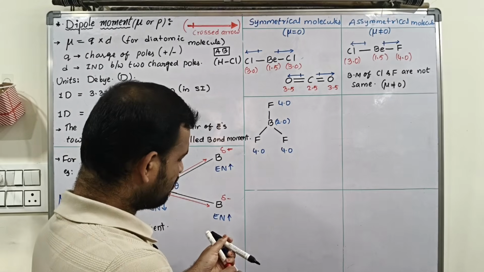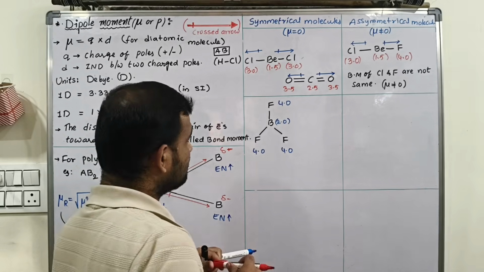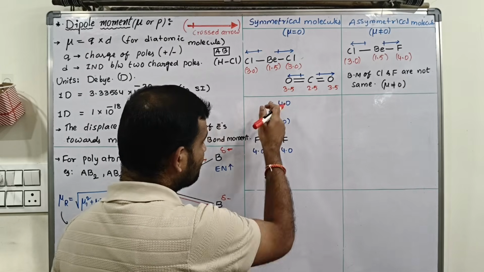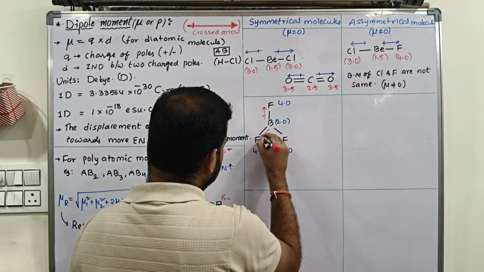Now tell me, bond moment towards which element? Fluorine, because fluorine has more electronegativity. So like this.